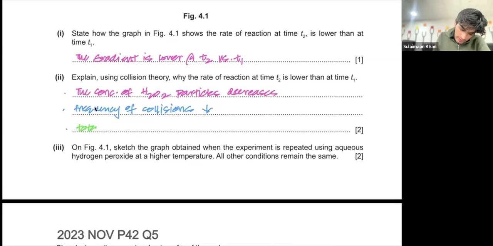Therefore, the total effective or the total successful collisions decrease. And thus rate of reaction is lower. Do I need to write thus rate of reaction is lower at T2? No, because the examiner is already saying why is the rate of reaction lower at T2. So I'm just giving the answer to it. I don't need to write it. Done.